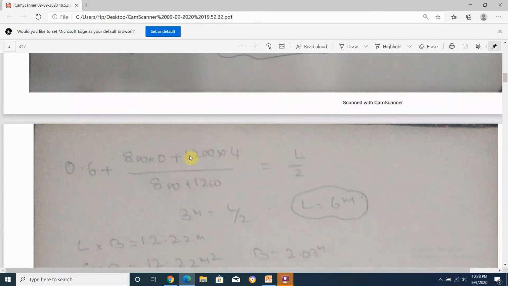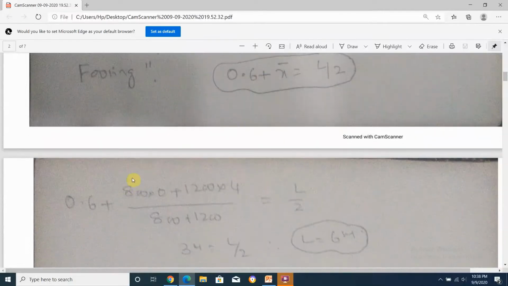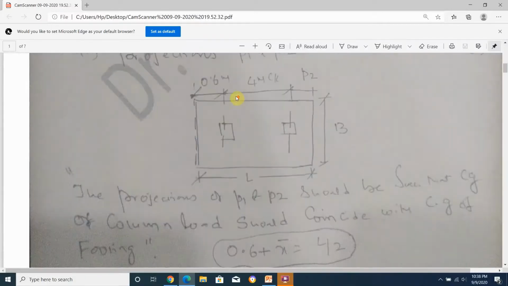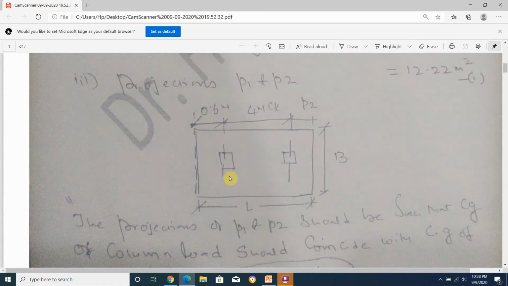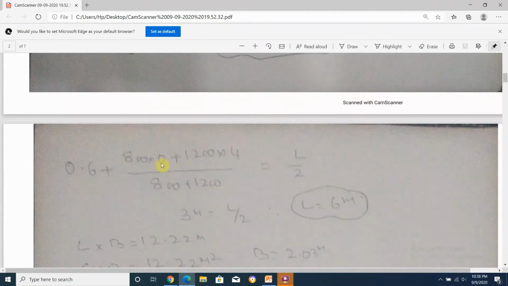So with that concept, 0.6 is the projection from here to here, plus x bar, which is 0 plus 1200 into 4 meters divided by 800 plus 1200, is equal to L by 2.